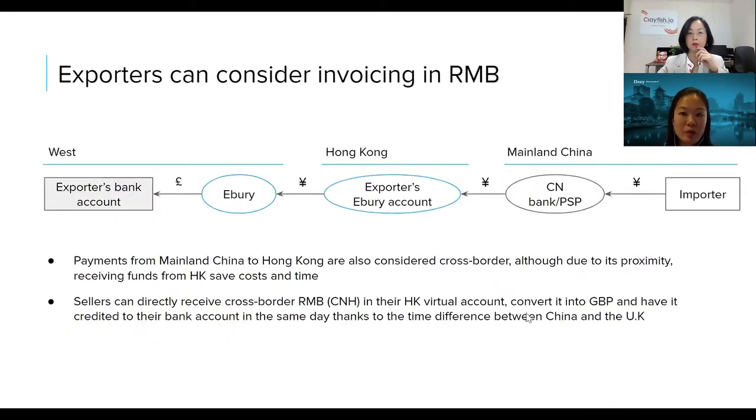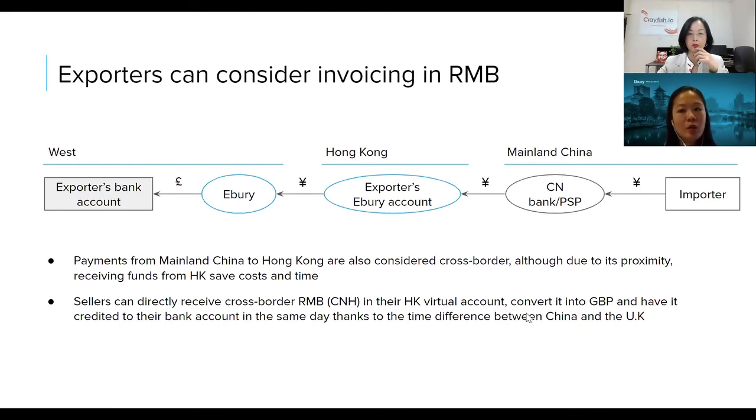So one of the solutions that IBRI provides, but this is considering that it's within the authorized categories by the regulator, which I mentioned previously, like cross-border trade of goods or services. We enable the possibility of, if you're an exporter in the UK, to directly invoice in RMB to your buyers in China.